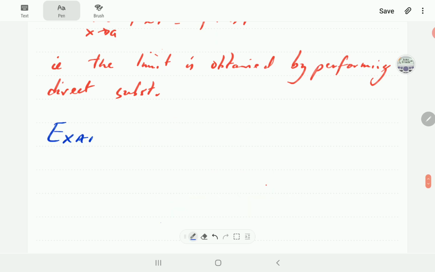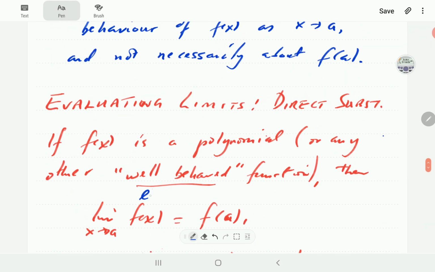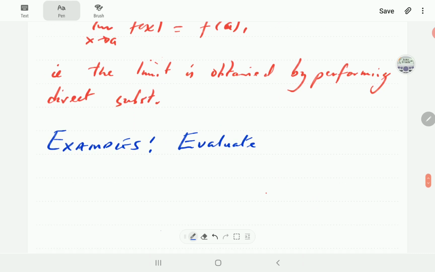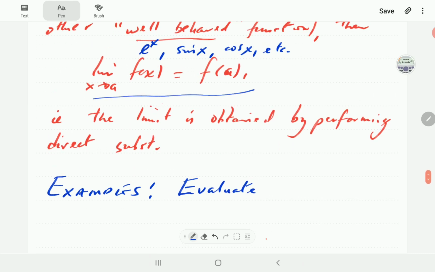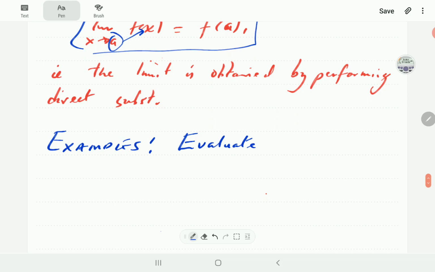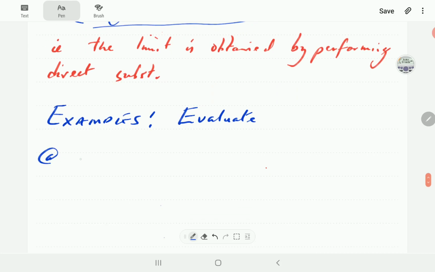As we are going to remember, polynomials do not have any vertical asymptotes, but other functions that don't have vertical asymptotes include the exponential function, sine of x, cosine of x, etc. Okay, so for these functions, to evaluate the limit as x goes to a, we simply take a and plug it in there. So let's look at some examples.